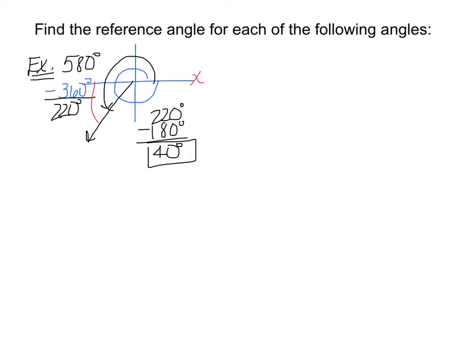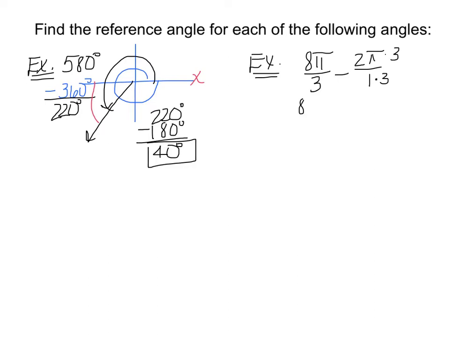Now, if they give it to you in radians and it's over 2 pi, you basically think about the same thing. So that's 8 pi over 3. And so we'll use 2 pi, but we need a common denominator.